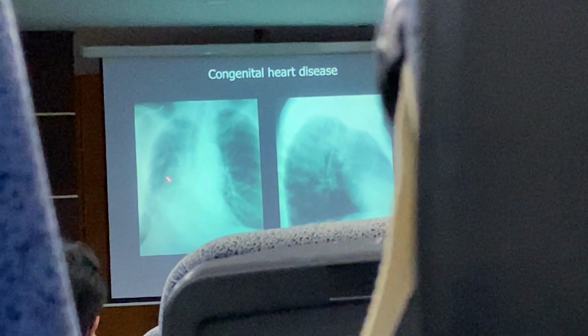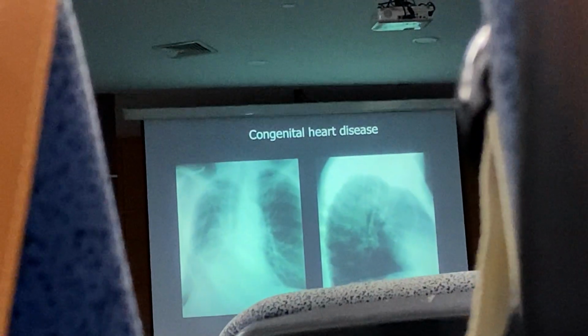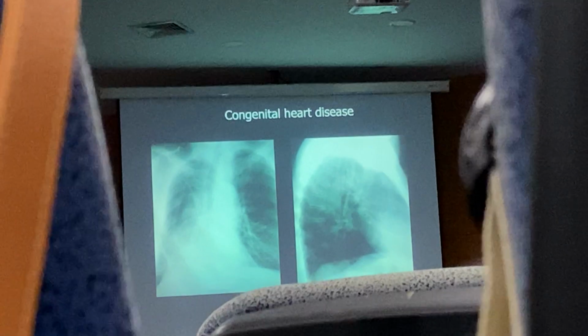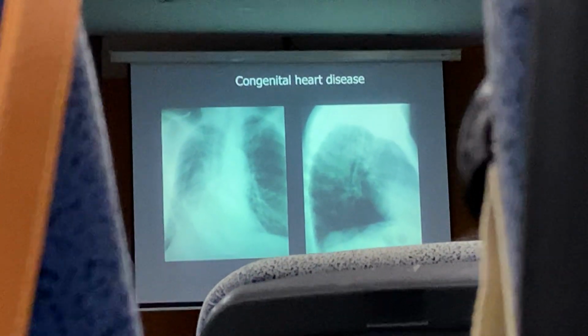You have an anomalous pulmonary vein that goes to your right side of your heart. So it drains to the right atrium. What you see is a prominent or dilated anomalous pulmonary vein that drains to your right side, and it forms just like a sickle or a scimitar sign.